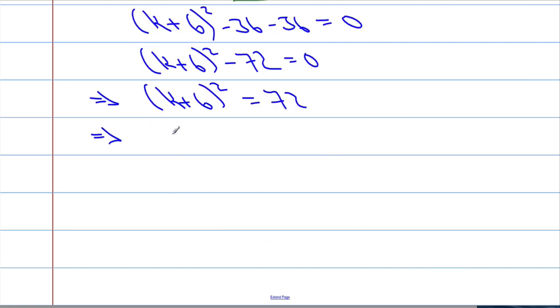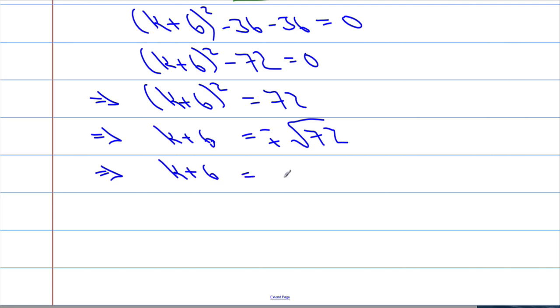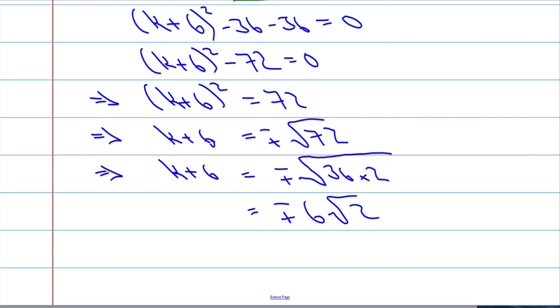Take the square root of both sides, k plus 6 must equal plus or minus the square root of 72. Now we're going to use our skill with surds, so k plus 6 must equal plus or minus square root of 72, which is the square root of 36 times 2, which is plus or minus 6 root 2.